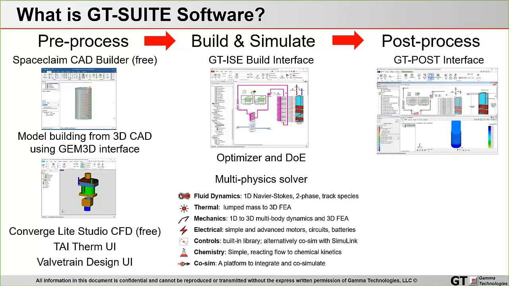And then finally, there is a combustion solver that allows users to do simple equilibrium combustion or finite rate chemical kinetics of the combustion that's happening inside these water heaters. And then for those folks that are used to doing 3D CFD and want to integrate with 1D, we also have the ability to co-simulate nicely with other tools. And so that's a little bit of detail about the multi-physics solver.